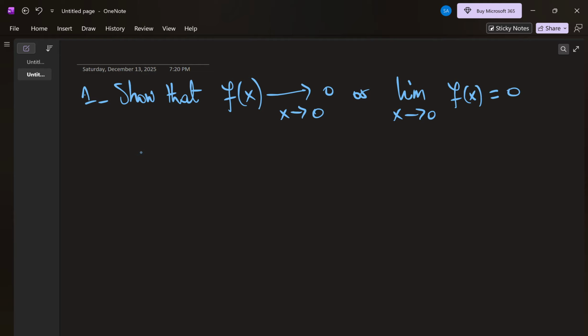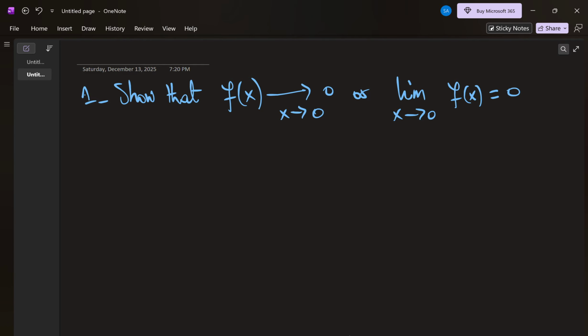So the exercise says using the definition. Sorry.